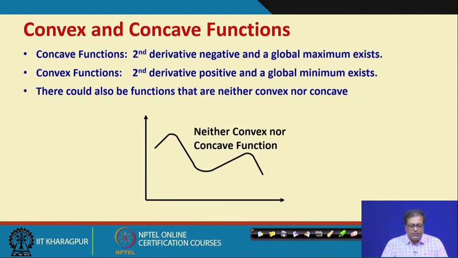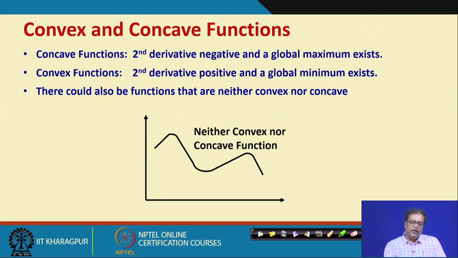Now, sometimes the curve could be something else. If you look at this curve, is it going down or going up? It is very difficult to tell. So, it is neither a convex nor a concave function.